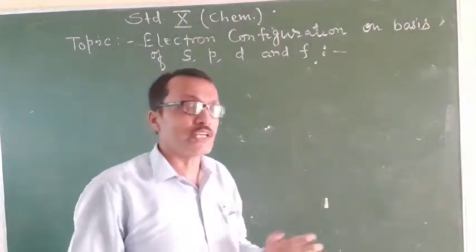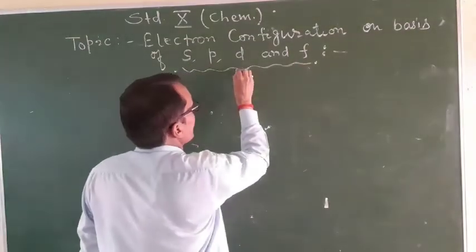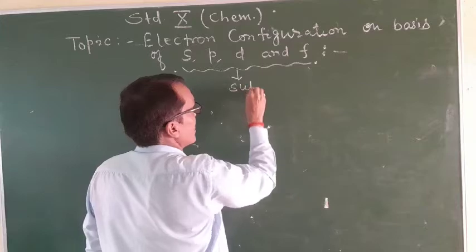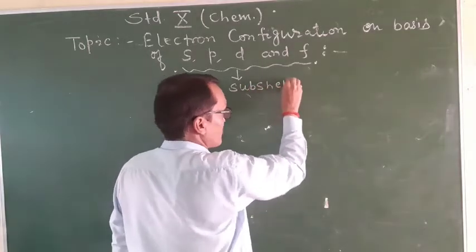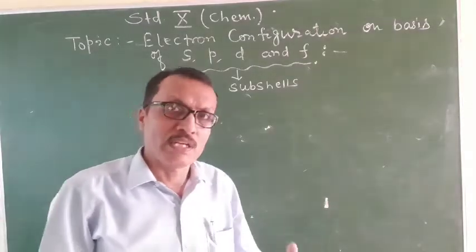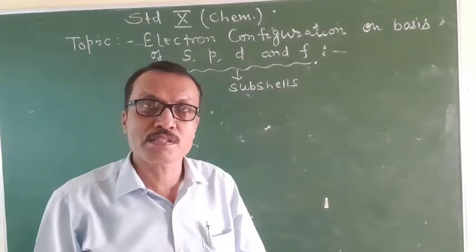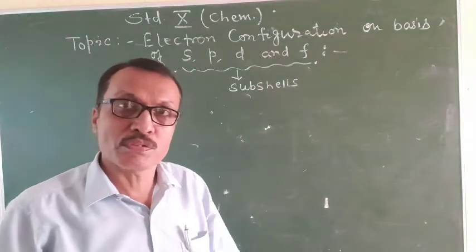What are these? Students, S, P, D and F, these are subcells. I know you have no concept of subcells, but in higher classes you will study about the subcells.